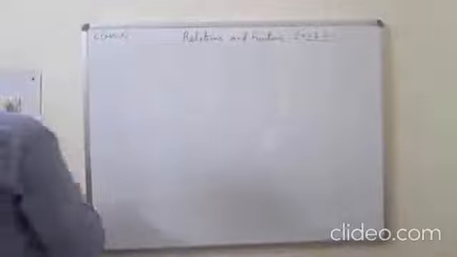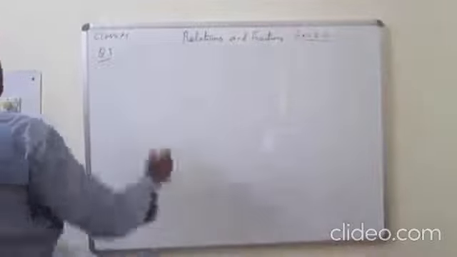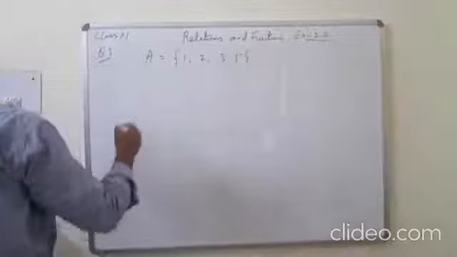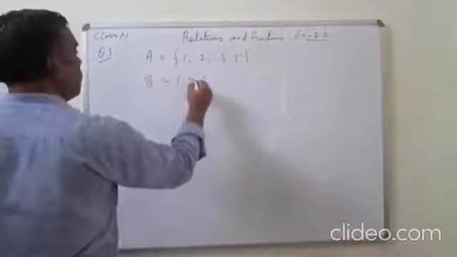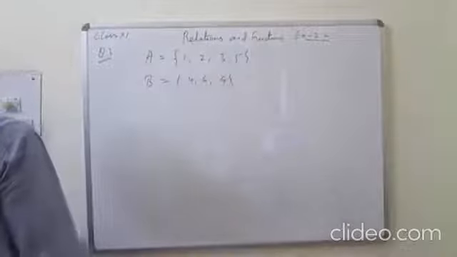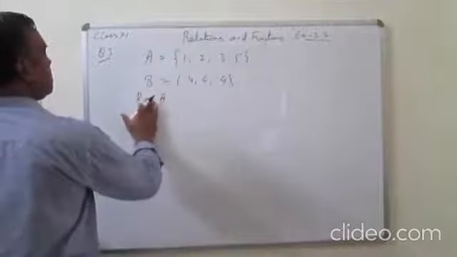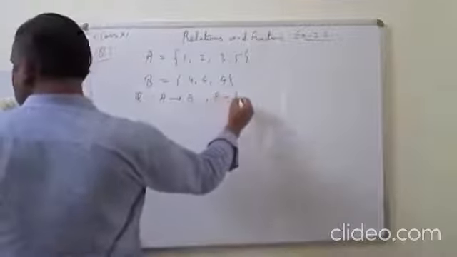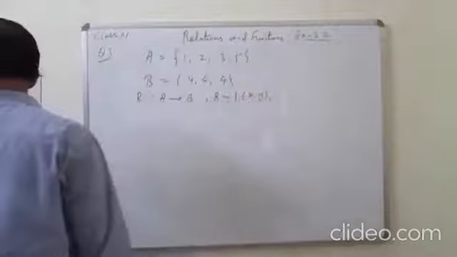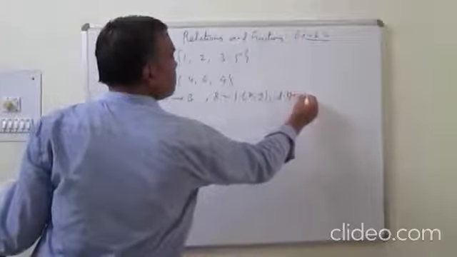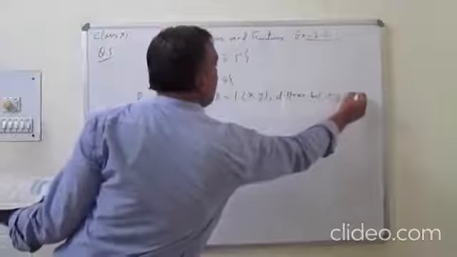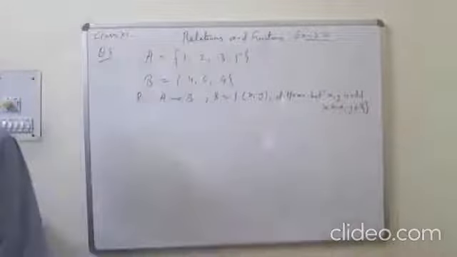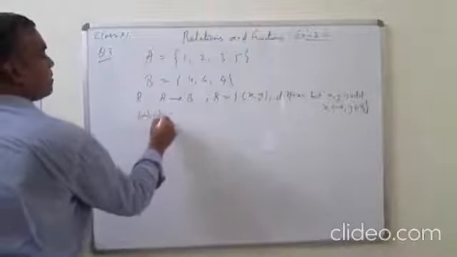Question 3. If A is 1, 2, 3, 5 and B is 4, 6, 9, define a relation R from A to B by R equals x, y, where the difference between x and y is odd, x belongs to A, y belongs to B. Write R in roster form.